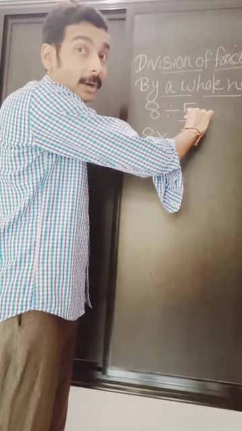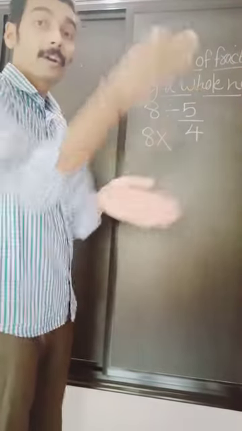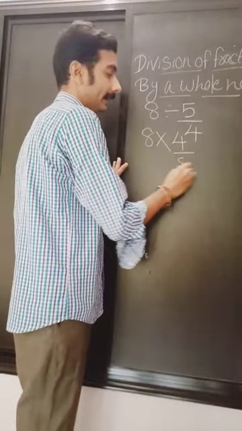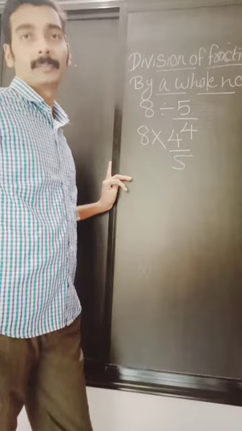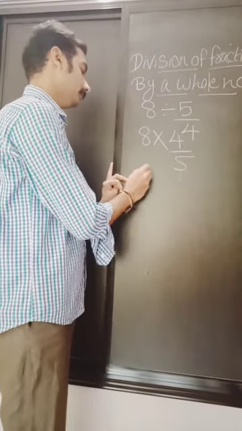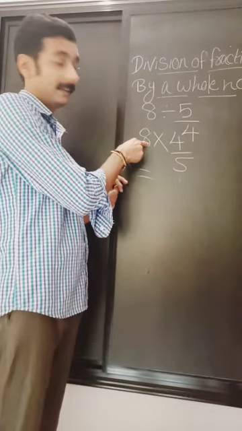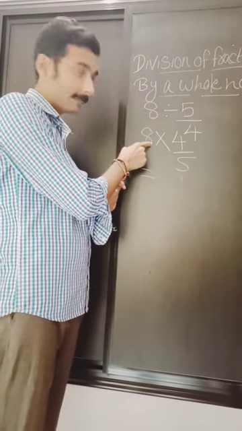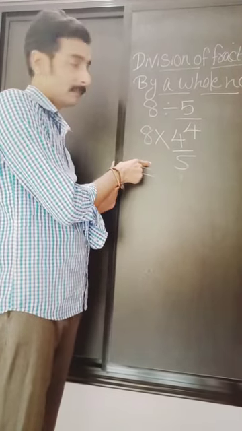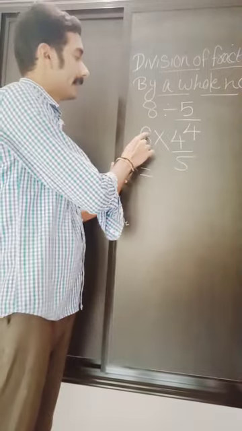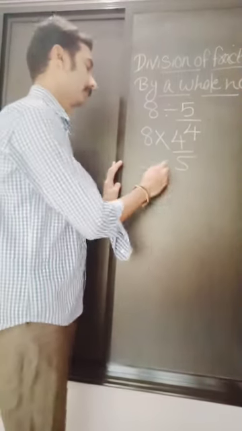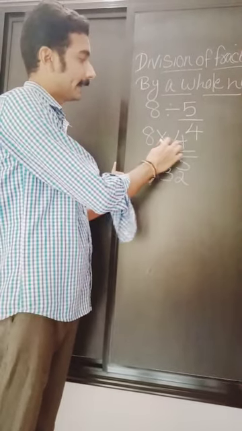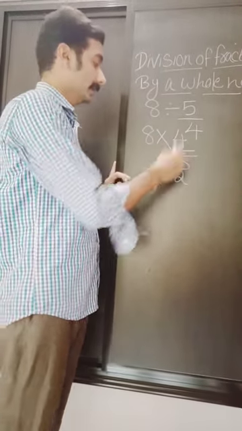The reciprocal of 5 by 4 means 4 by 5. 8 means 8 by 1. Then we multiply. 8 into 4, 32.